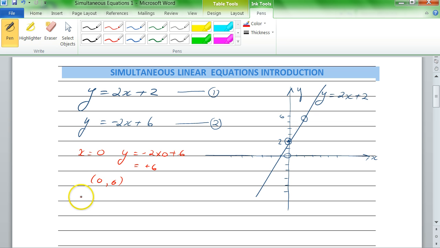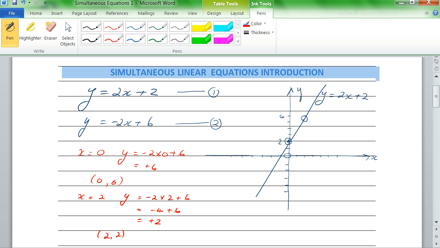And just to find another point, I'll put x equal to, say, 2 into the equation. y equals negative 2 times 2 plus 6, which will give you negative 4 plus 6, which is positive 2. So the point 2, 2 lies on the graph.